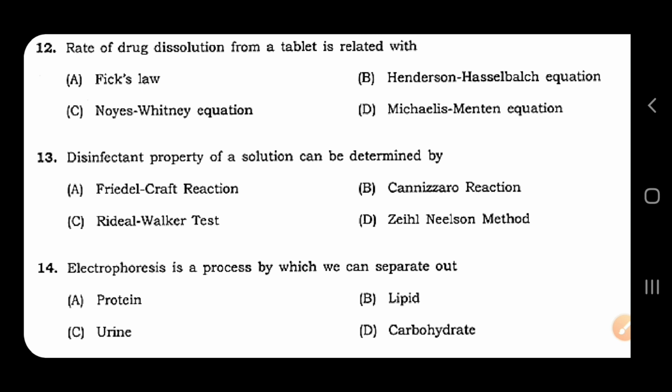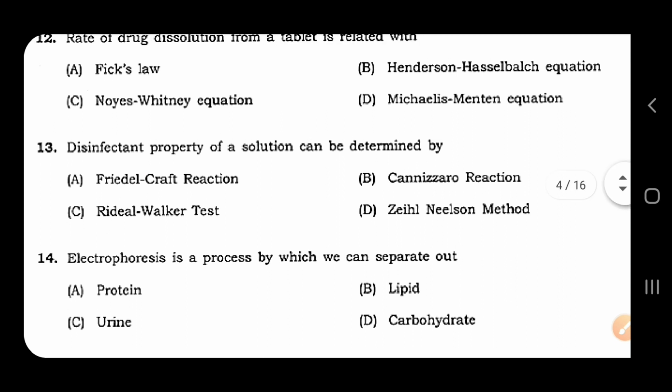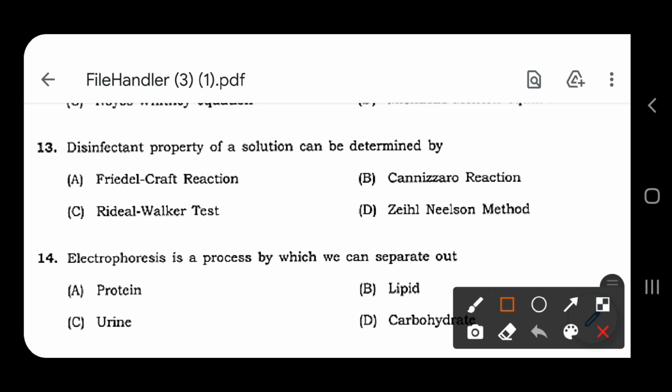Ziehl-Neelsen method is used for staining of acid-fast bacteria, and Rideal-Walker test is used for determination of disinfectant fluids. It is also known as phenol coefficient test. So the correct answer is C, Rideal-Walker test.